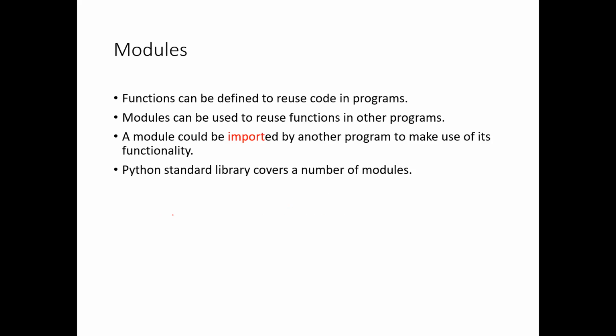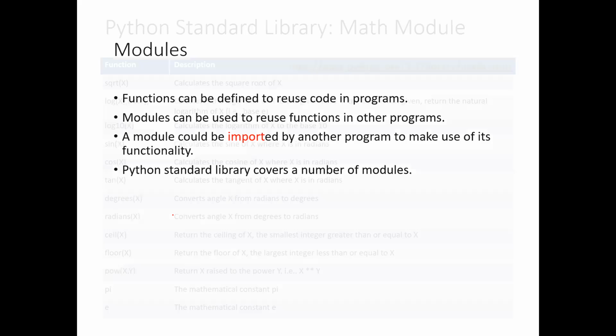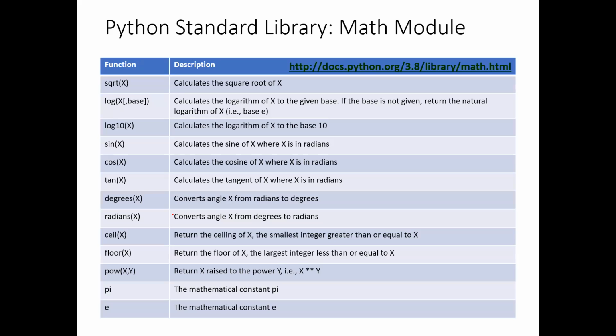In Python, when you have a bunch of functions, they are put into what we call modules, like the math module. In the math module, a bunch of mathematical functions are put into one module. Everything is put into one file and we call it a module, and you should learn how to use them. There are two ways that you can use the math module.